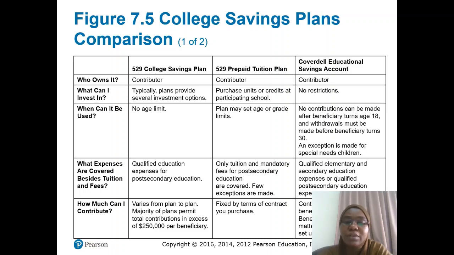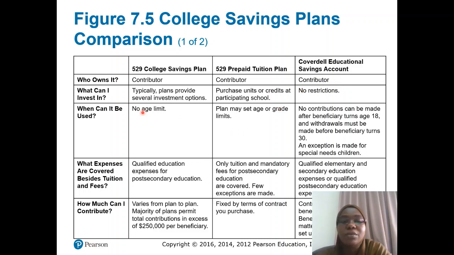You need to know who owns it, what can I invest in, what can it be used for, what expenses are covered besides the tuition and fees, and how much can you contribute. So all this should be considered for the savings plan, the prepaid tuition plan, as well as the Coverdell ESA, that's the education savings account.